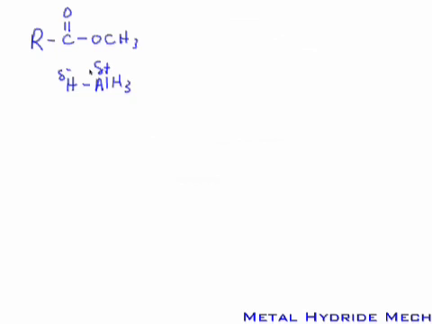The aluminum is certainly going to be attracted to the lone pairs on oxygens, but initially the delta minus of the hydrogen is going to be attracted to the delta plus on the carbonyl carbon. And so the electrons move to the hydrogen and the hydride goes on here.